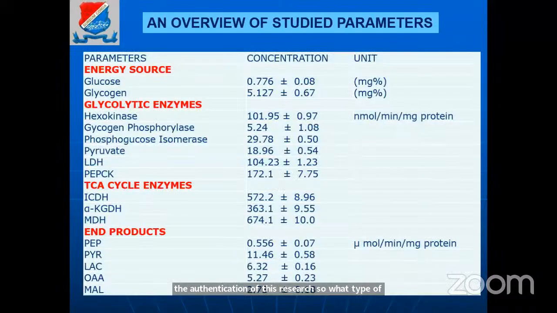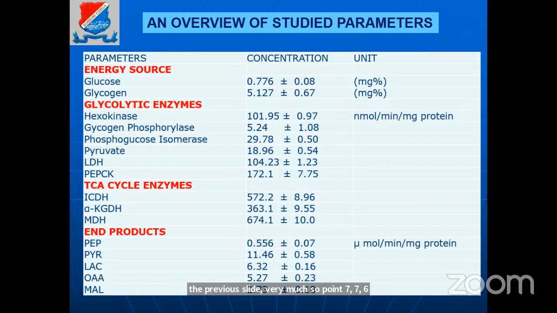These are the parameters we have taken in our study. Glucose content, which is a primary source of energy. Glycogen, how they store glycogen, the polysaccharide, for their rest purposes. Glucose is very low, as I have already told in the previous slide, 0.776 milligram percentage.